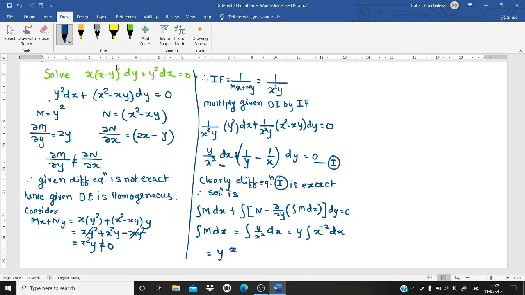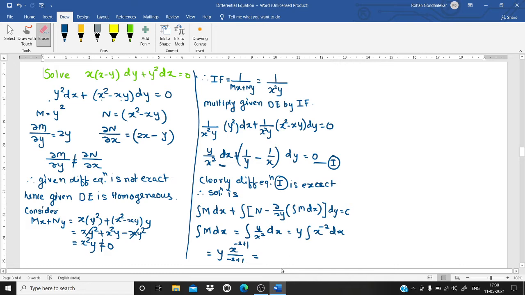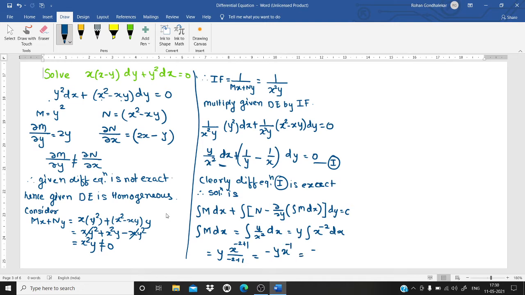Integration of x raised to minus 2 is x raised to minus 2 plus 1 upon minus 2 plus 1. So minus 2 plus 1 is minus 1.